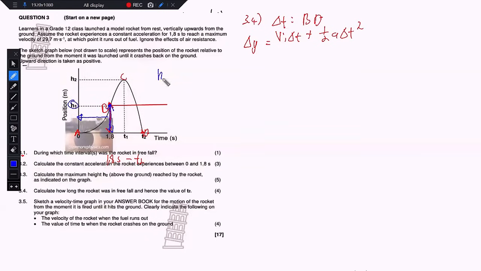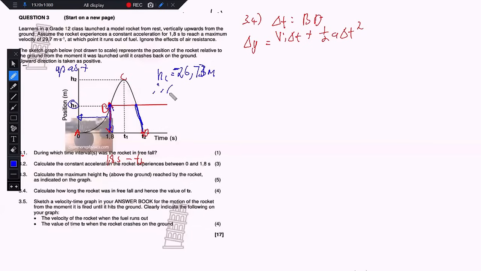Now, what is that height that we got from the previous question, H1? We had found that it is 26.73 meters, right? But then now the displacement is going downward, right? Because the displacement is all the way when it goes back here. So that means since we took upward as positive, then our displacement, since it's going down, has to be represented as negative, right?